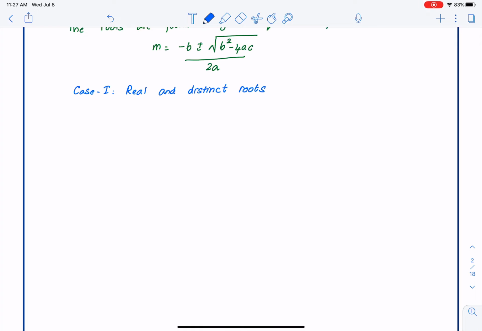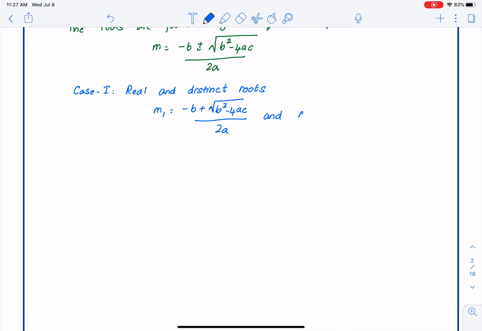The first case is that you have real and distinct roots. Distinct means the roots do not look the same. So the first root would be m1 = minus b plus square root of b squared minus 4ac divided by 2a.